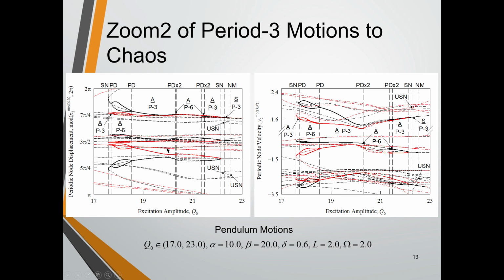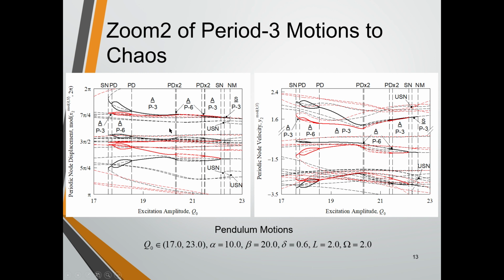You see here, the first one is right here, the period 6 motion introduced by a period doubling bifurcation, and it ends at another period doubling bifurcation. For the whole range, the period 6 motion is stable, so we don't see any further period doubling bifurcation.